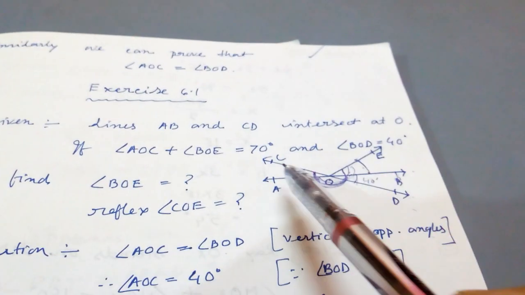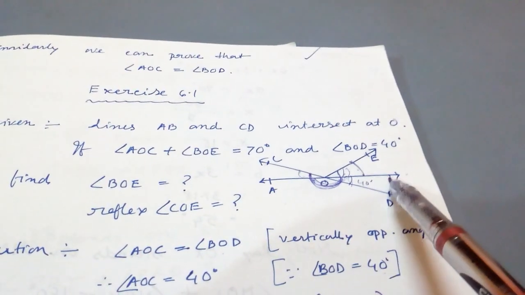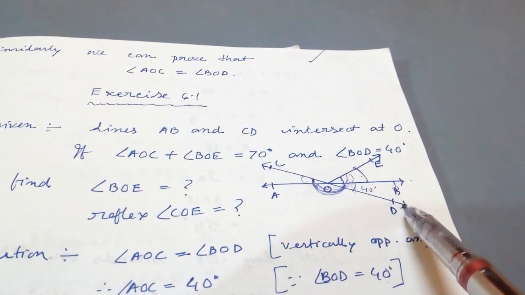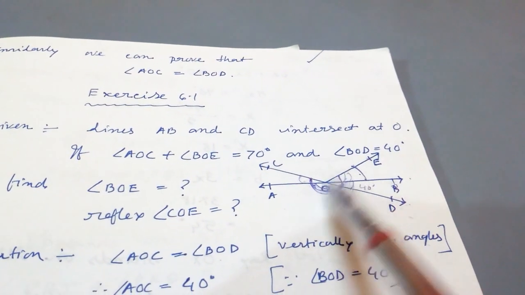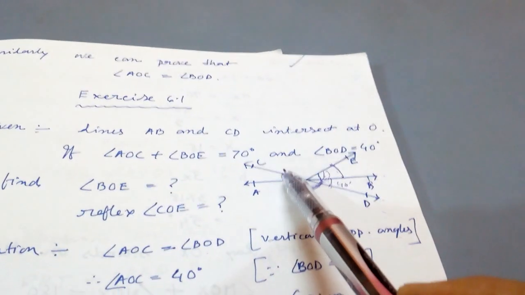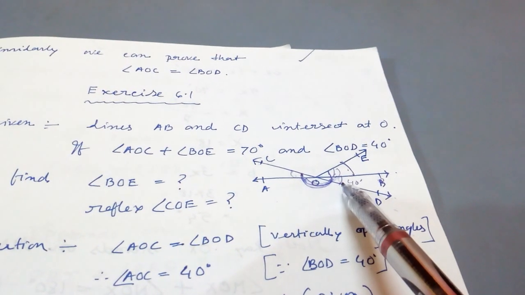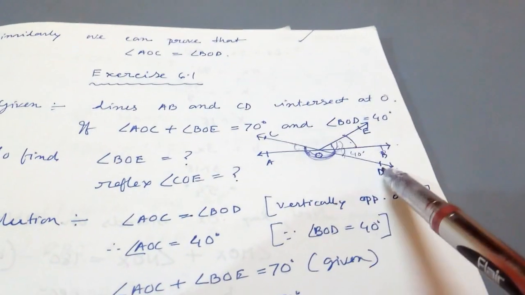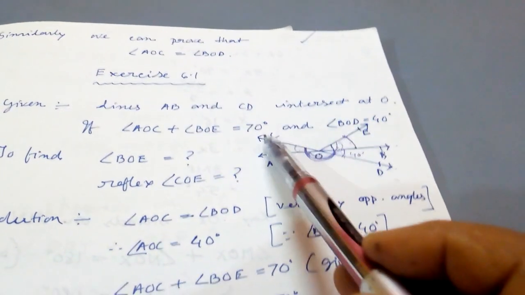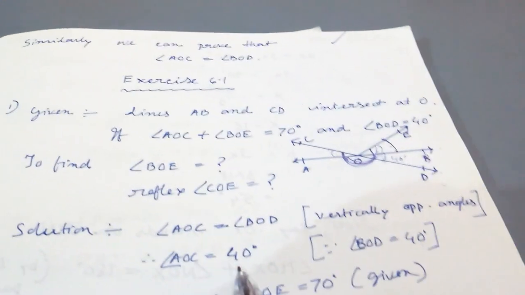Now the solution. You see AOC is equal to BOD. Why is AOC equal to BOD? Because they are vertically opposite angles. So given that BOD is equal to 40 degrees, we get that AOC is also 40 degrees.